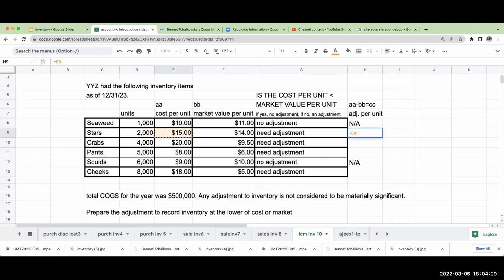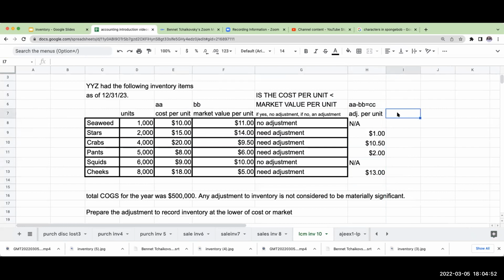But for stars, this is going to be a $1 per unit adjustment, taking my cost minus the market value per unit. For crabs, cost minus the market value. For pants, $2, 8 minus 6. And then for cheeks, it's going to be 13. So this is my adjustment per unit.